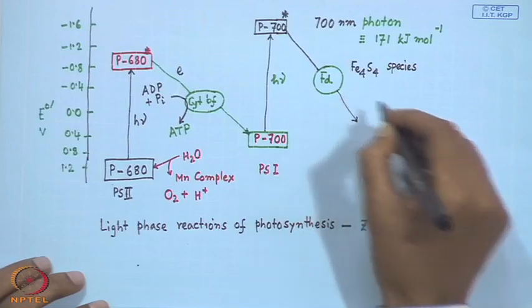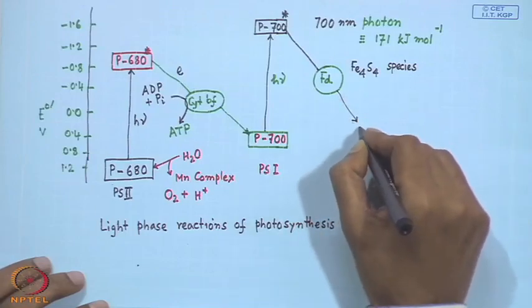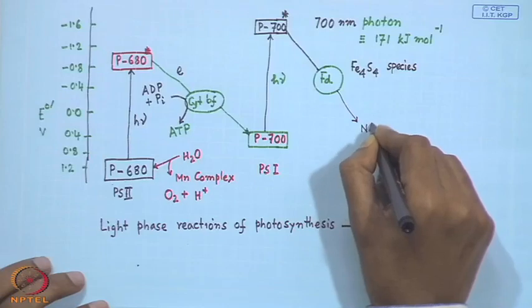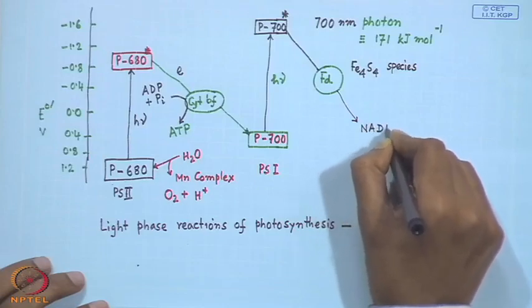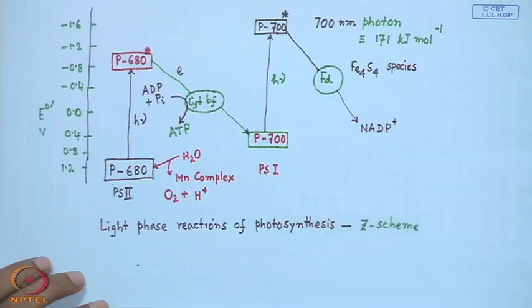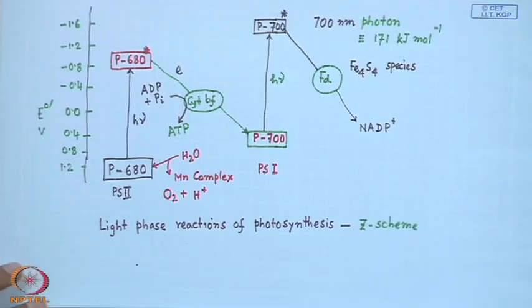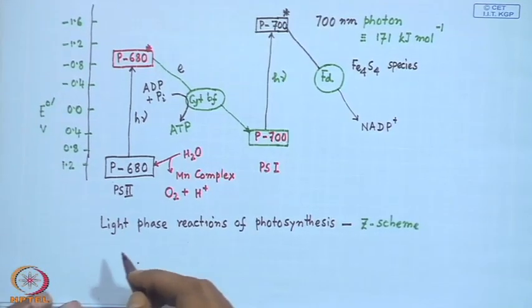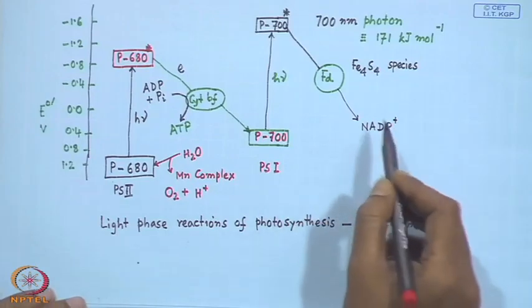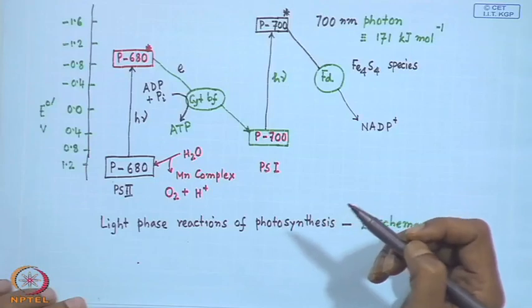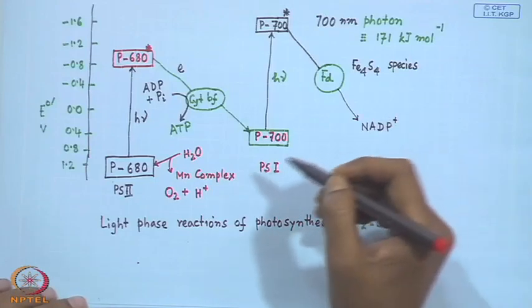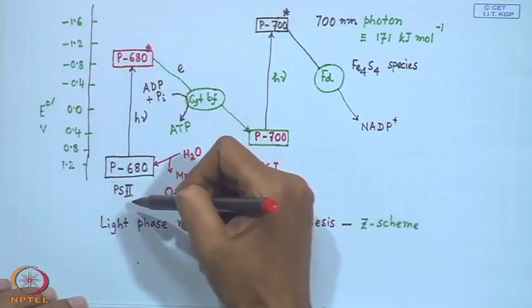And this then goes to NADP plus. Whatever reaction we get from there, this NADP plus is converted to NADPH, in these 2 steps.